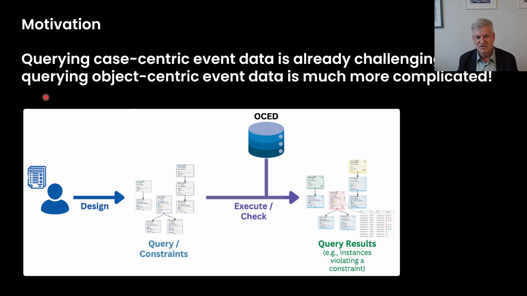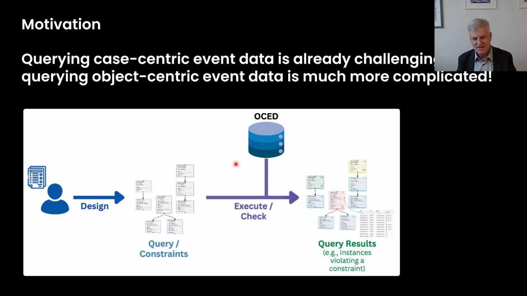So the motivation is that querying case-centric event data is already very challenging, but querying object-centric event data is even much more complicated, right? Because you're dealing with multiple object types, and I hope that the example that I just gave you gives you an idea.